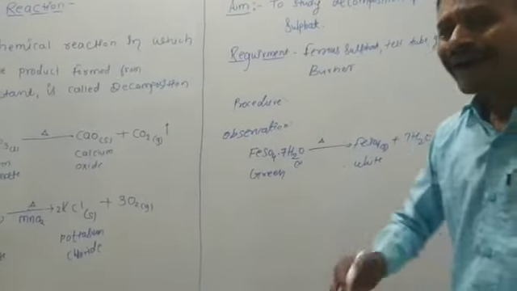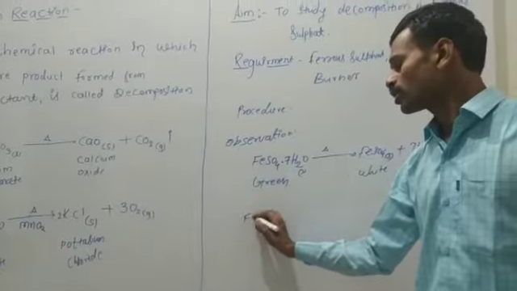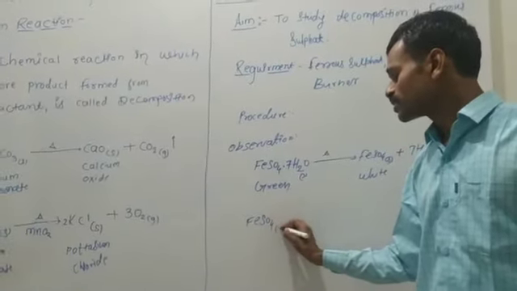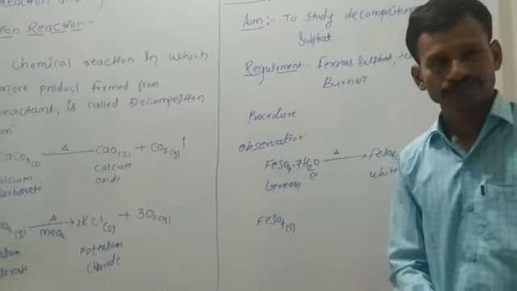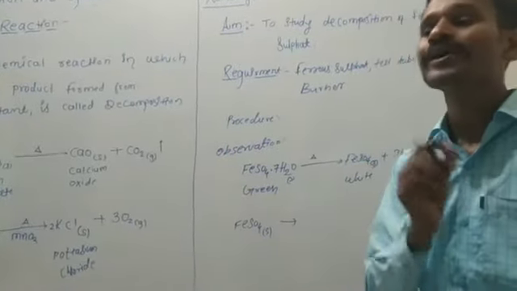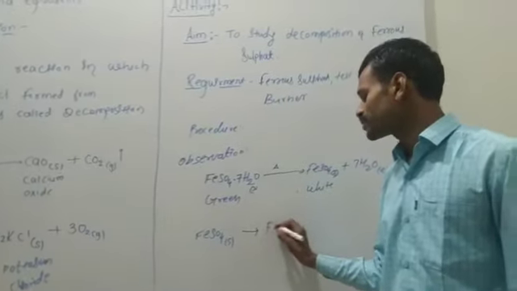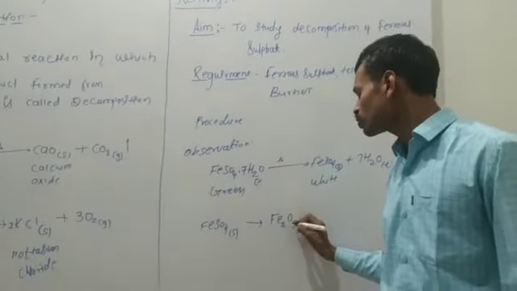Now, on again strong heating of this ferrous sulfate, it will form ferric oxide. What will form? Ferric oxide, and its formula is Fe2O3.